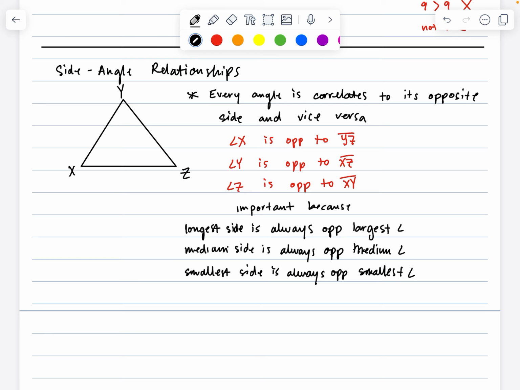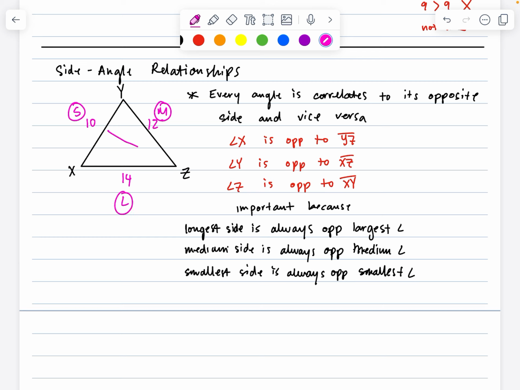So for instance, if I took this diagram and I just start putting in some measures, in pink, if I said this was 10, 12, and 14, then we could say with confidence that this is the smallest side, this is the medium side, this is the largest side.